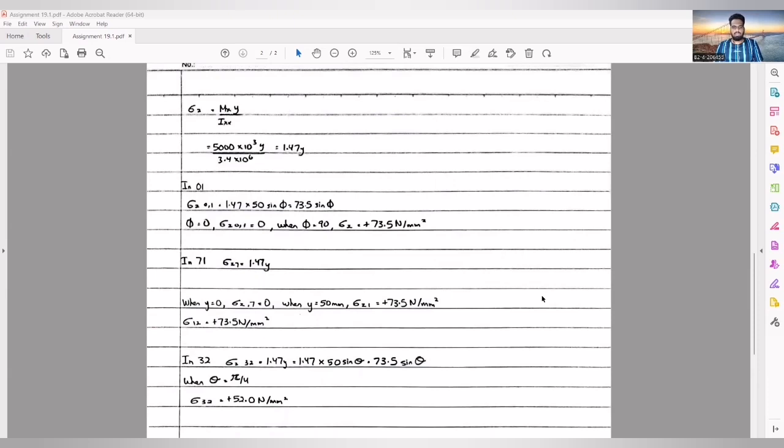In section 3 2, our direct stress will be 1.47 times 50 sine theta. When theta is equal to pi over 4, our direct stress will be positive 52 Newton per millimeter square.